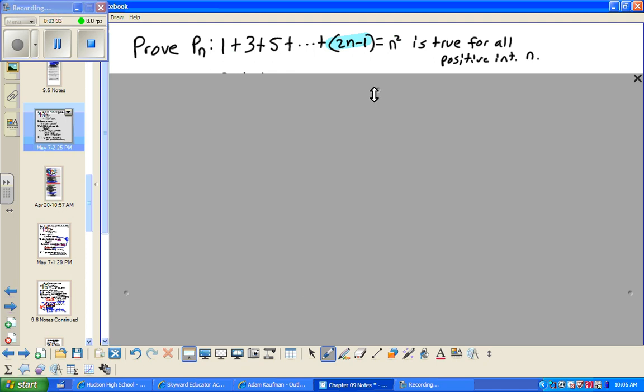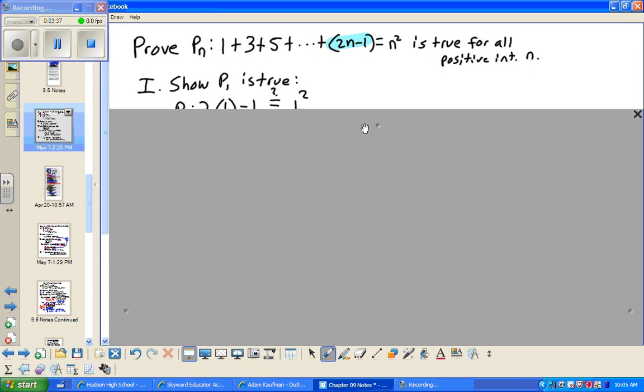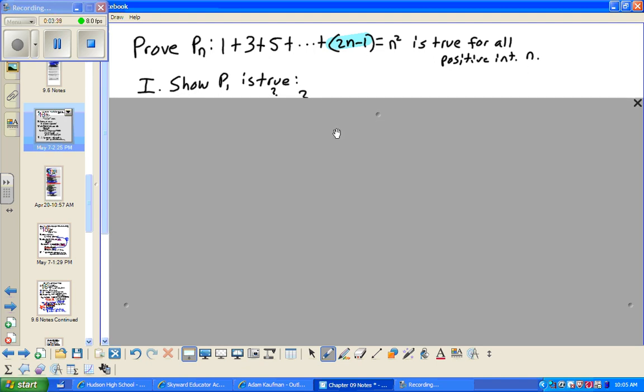So now the first step, and you need to write everything that I've written in black. You need to show that P sub 1 is true. Well, to get P sub 1, we would need to plug a 1 into 2n minus 1. That's the rule. So by plugging in a 1, I should get the first term. It's important that you realize you plug in a 1.